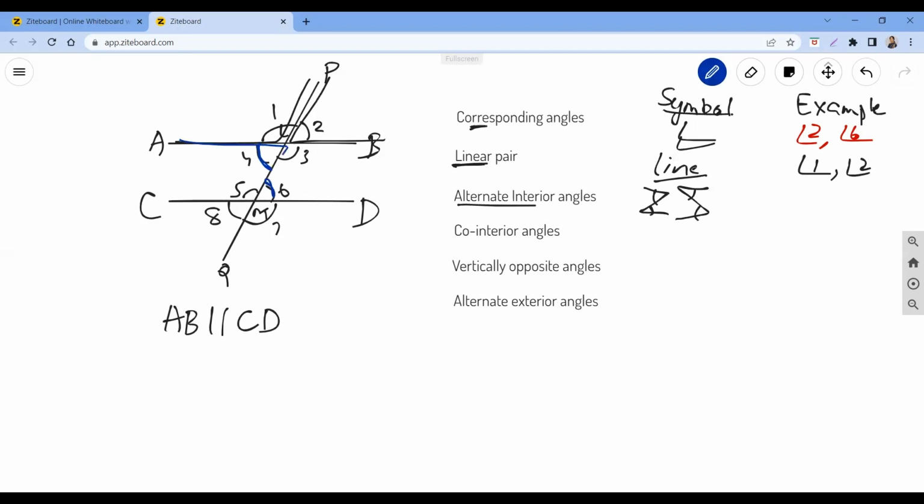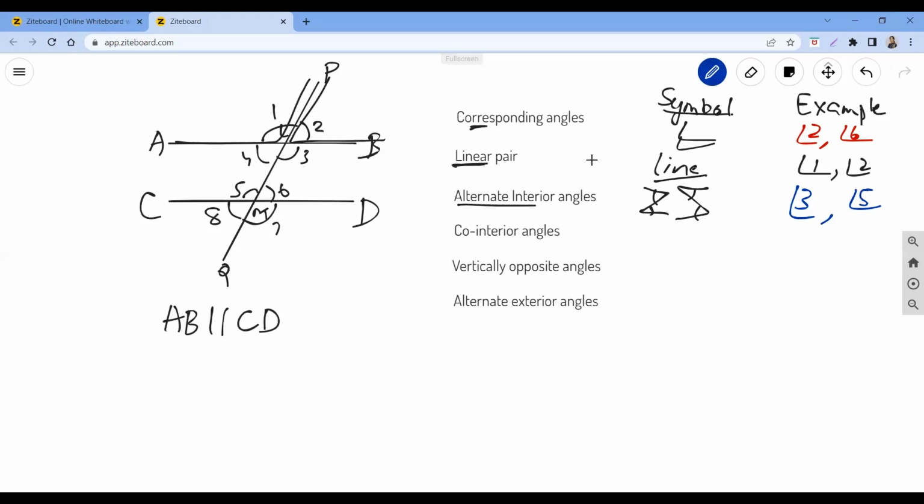Why? That forms this Z. That's one pair. And next is angle 3 and angle 5. That forms a different Z, the reverse Z. So we have two different pairs here. Let's take 3 and 5 as our example.